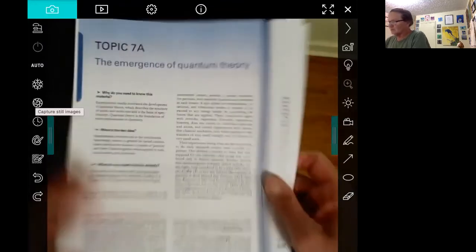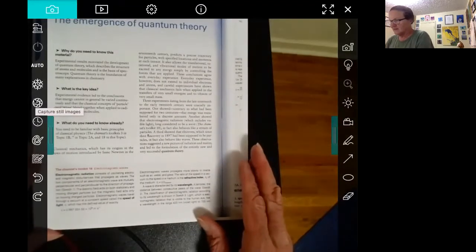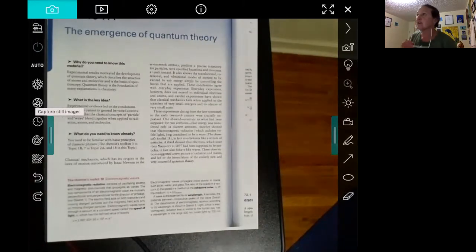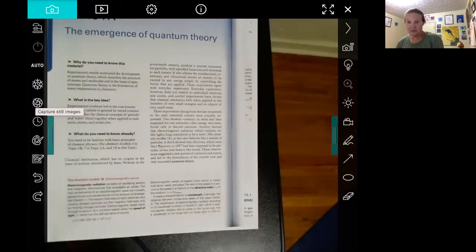So for the emergence of quantum theory, what you need to know is that at the time, it was about 1900. I think it was 1905 that Einstein got the Nobel Prize for his work on the photoelectric effect, which is one of these experiments we're going to go through that led to the development of quantum theory.